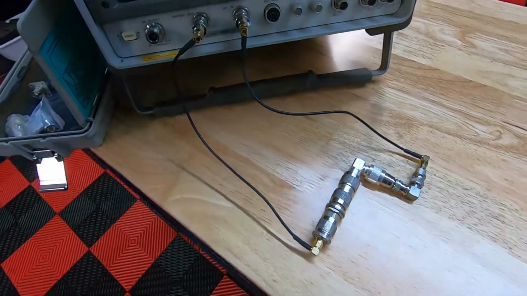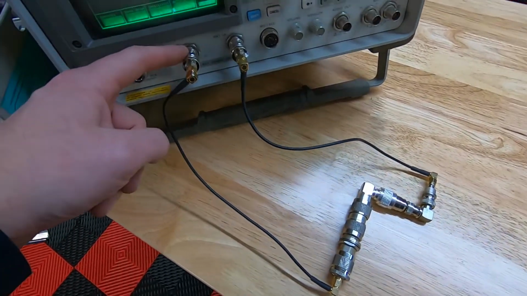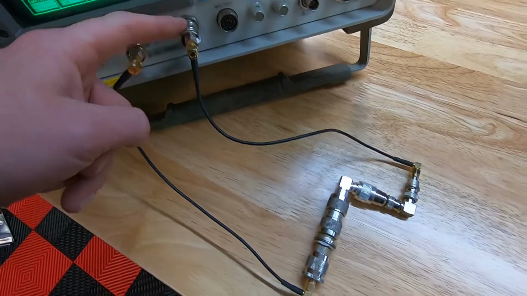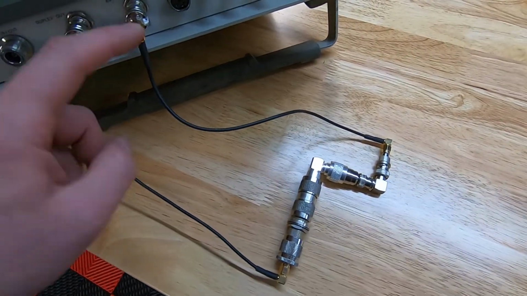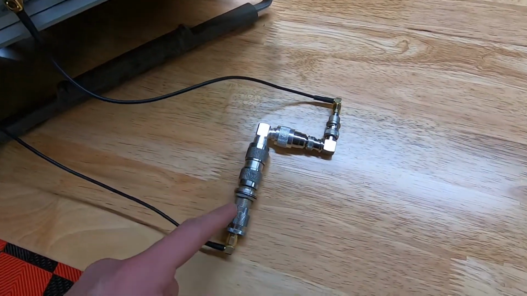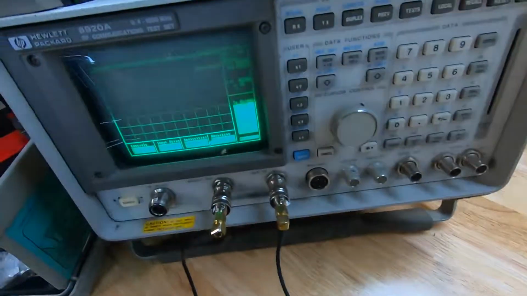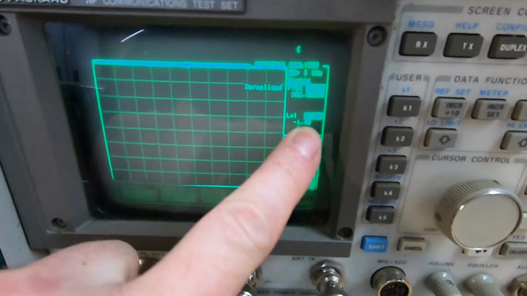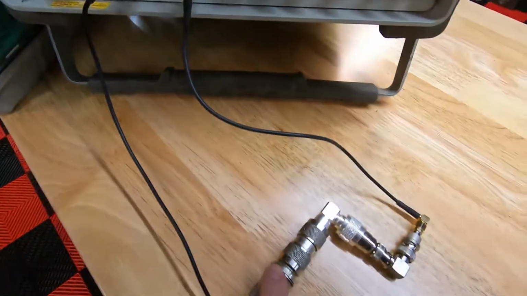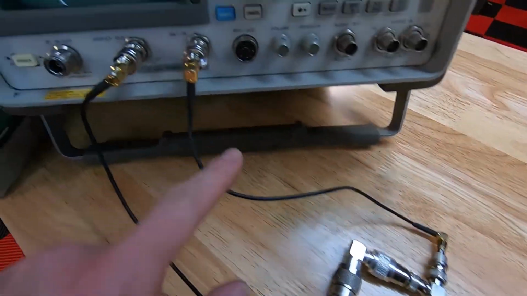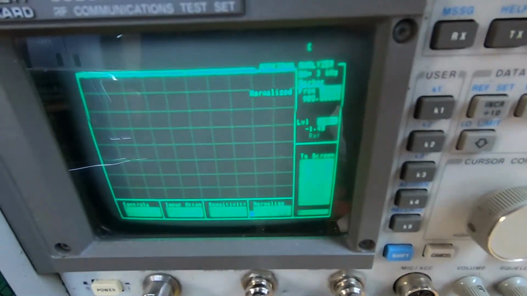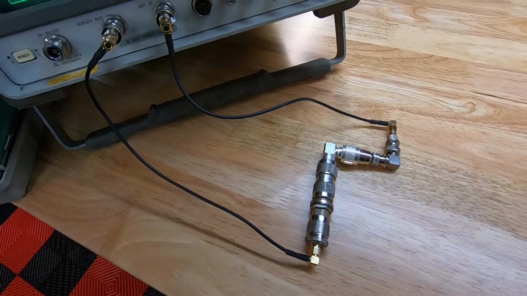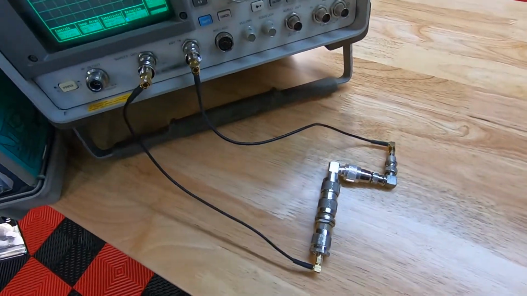I've normalized this adapter, this cable, and this adapter, so the value on the screen is measuring this cable and all these adapters. And we're right around 1.5 dB worth of loss through all these connectors and this cable at 905 megs. A dB and a half is absolutely nothing, and really nothing to be concerned about.